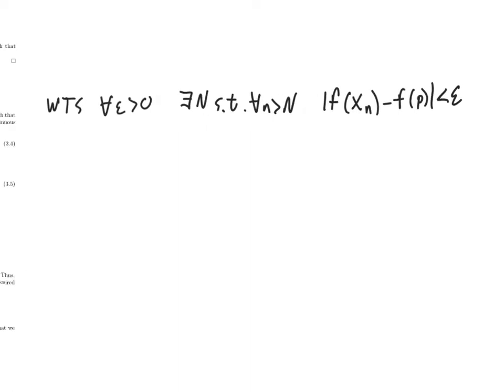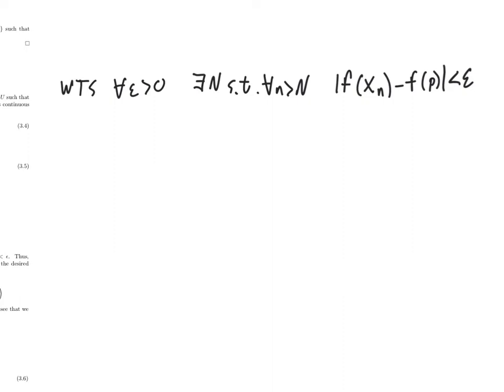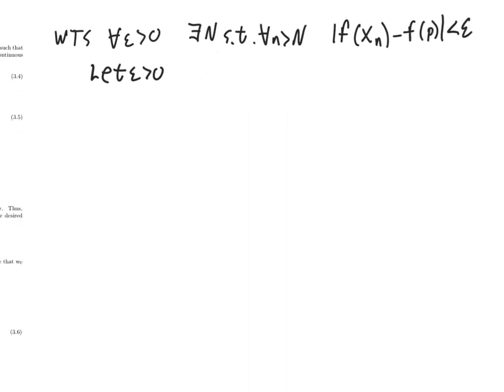That's what I need to show. So I should start by saying let epsilon be bigger than 0. I need to come up with a choice of big N, but my eventual goal is the absolute value of f of x_n minus f of p is less than epsilon.